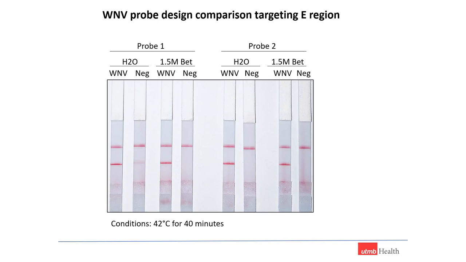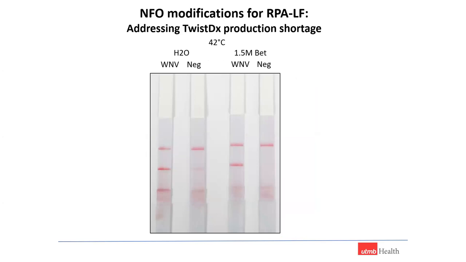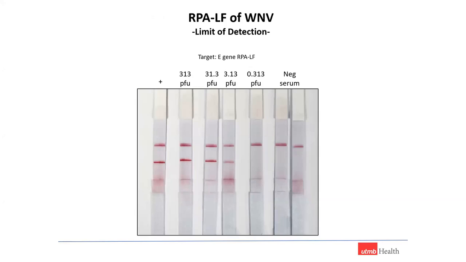So we then proceeded to do a limit of detection using virus spiked in serum, and that's when we determined that we had a 3.13 PFU equivalent per reaction in human serum with no non-specific bands.